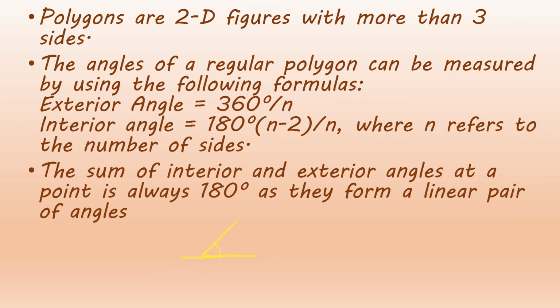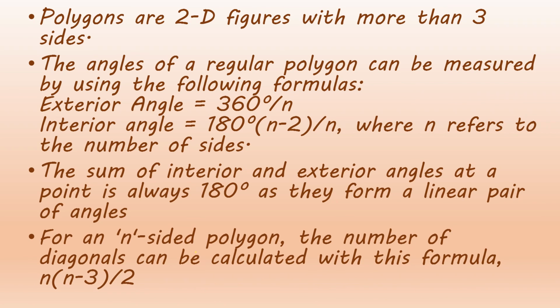If I extend this side, we get an exterior angle. The addition of these two will always be 180, as they form a straight line, a supplementary angle. That's why the sum of the interior angle and the exterior angle is 180. This is the meaning of this point.